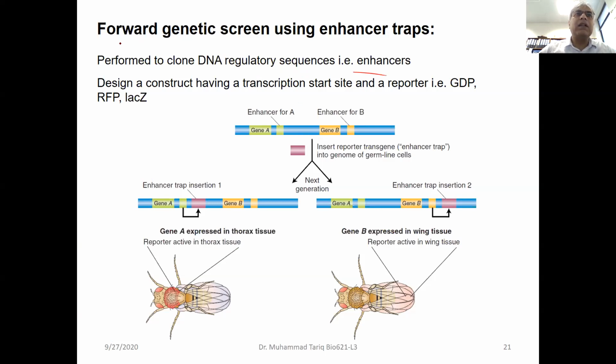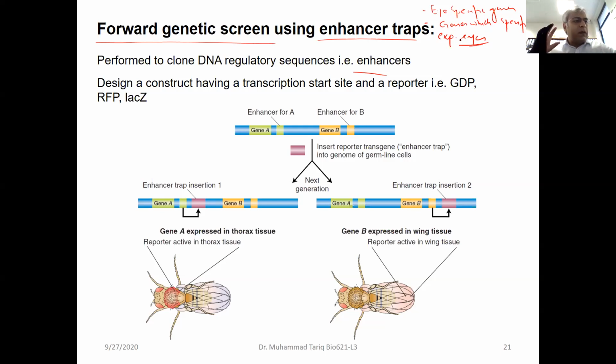For example, we are interested in eye-specific genes, genes which are specifically expressed in eyes only.